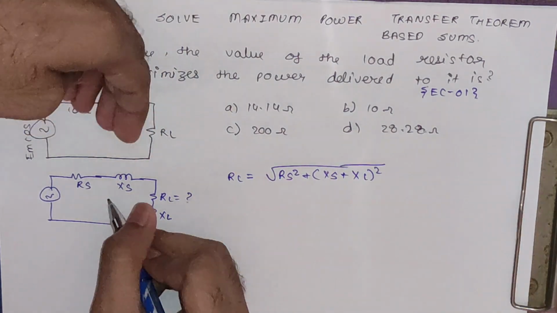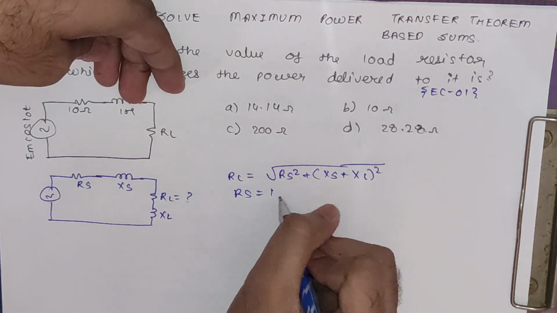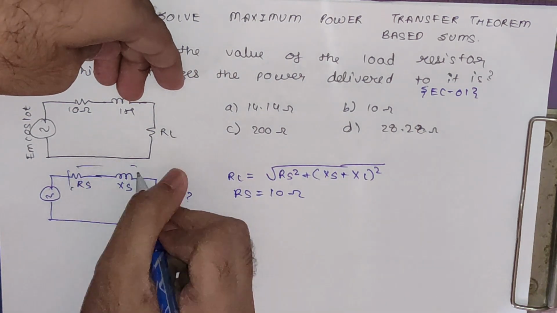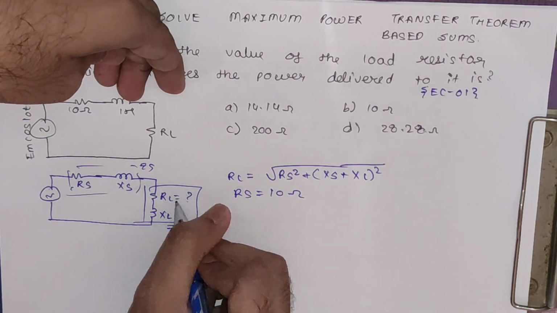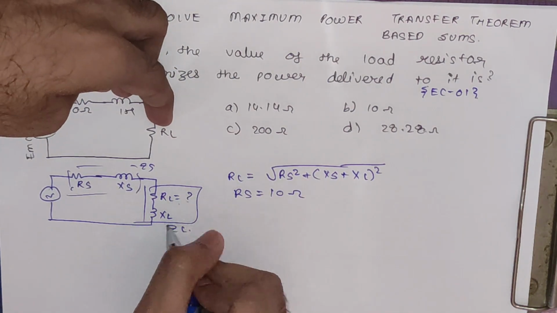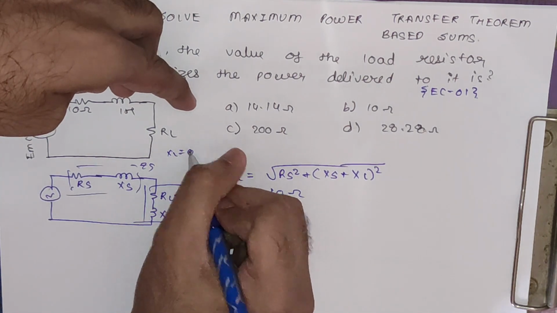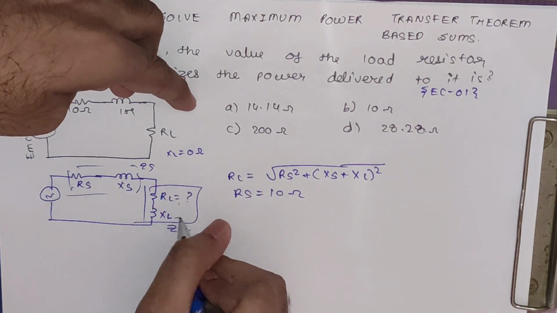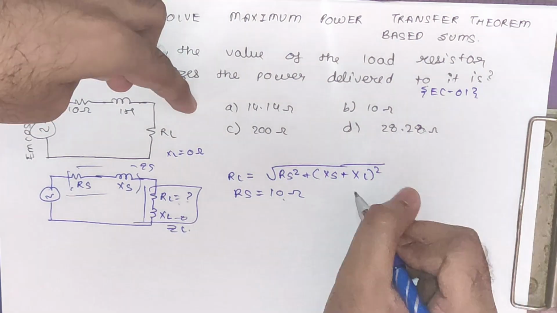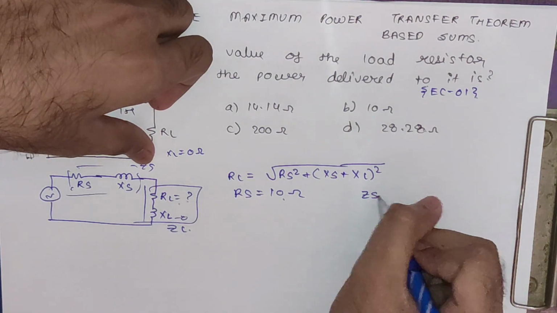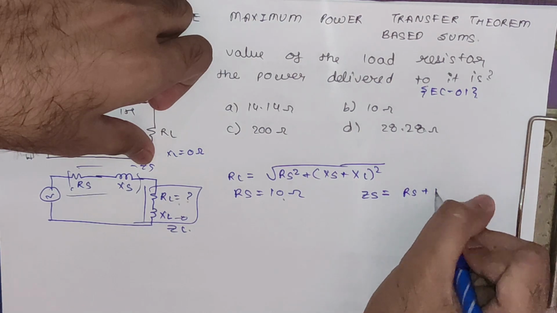Here you can see we have RS as 10 ohm. This is our ZS, this is our ZL. In ZL we want the value of RL. We know the value of XL here. XL is simply 0 ohm, right? So XL is 0. We know RS is equal to 10 ohm. We want XS. To get XS, we write ZS as RS plus jXS.